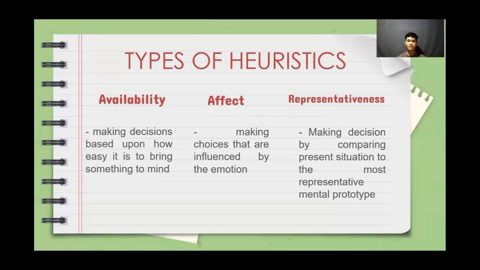The word representativeness is in reference to the notion that when we are confronted with a new experience and need to make a decision about the situation, our brains automatically rely on the mental representation similar to this situation.